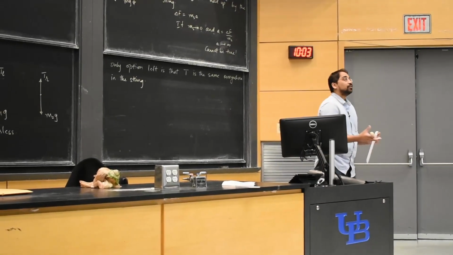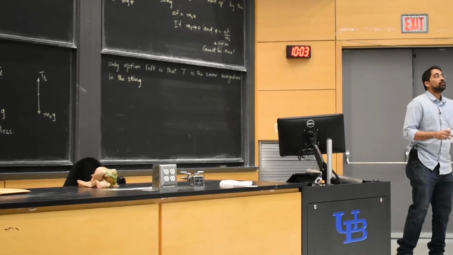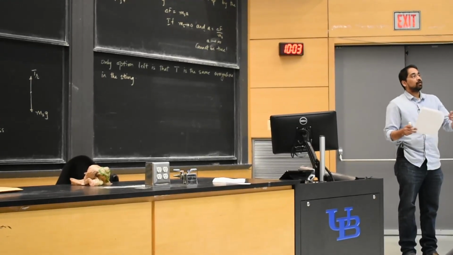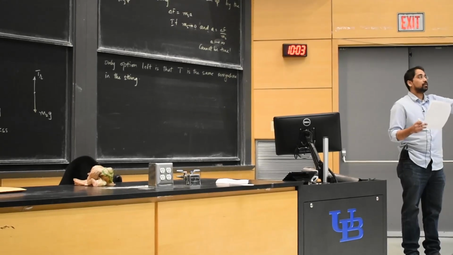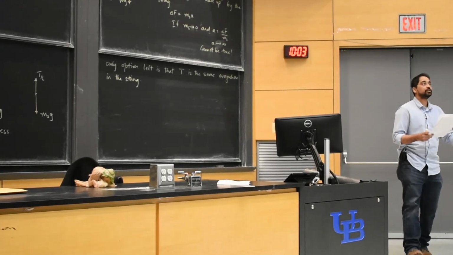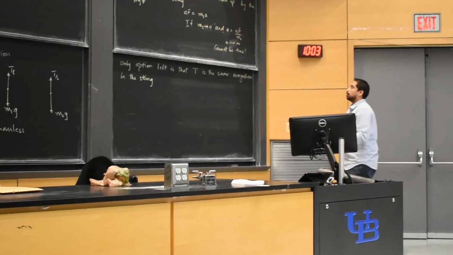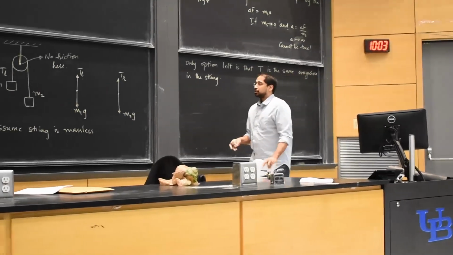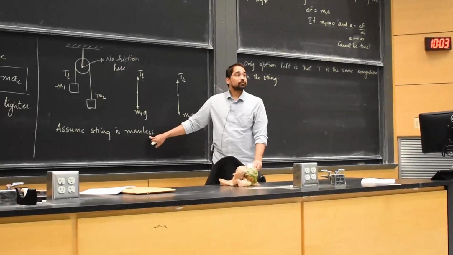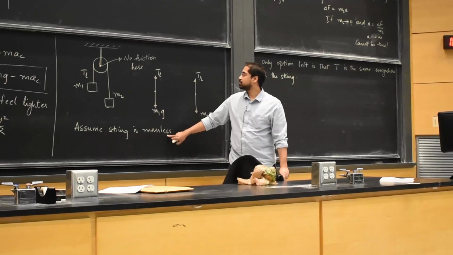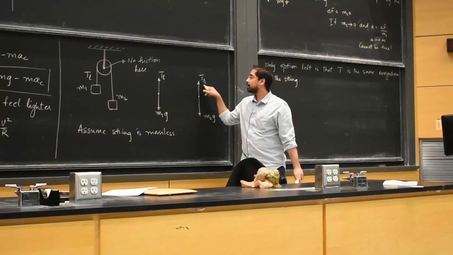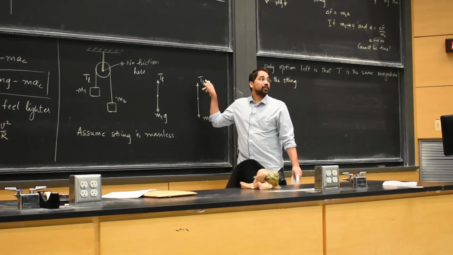And then you really would have to sit down and figure out how much the force decreases, or changes, whatever the case might be, as you move along the length of a chain. But given our assumption that the string is massless, we can safely assume that TL and TR are the same.